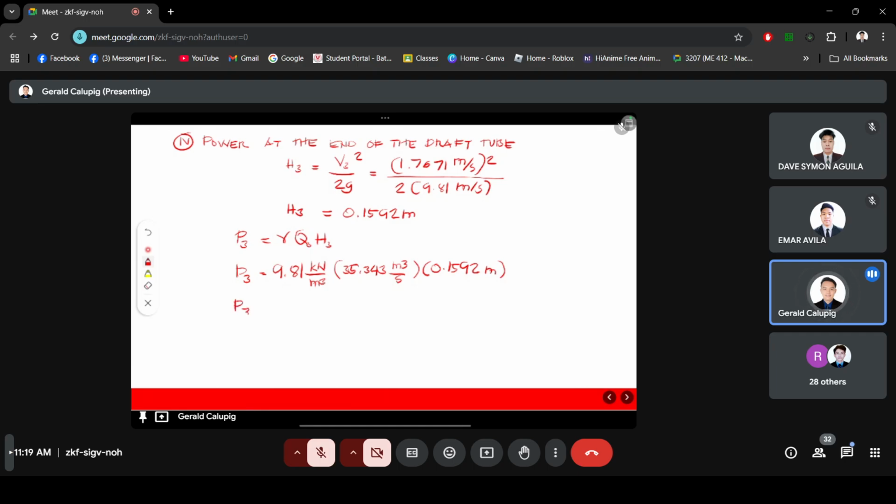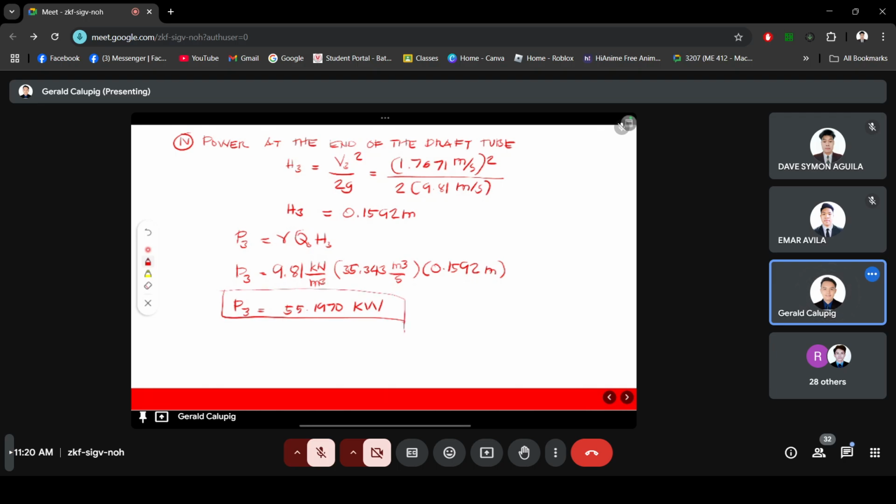Our P3 is equal to what? So the power at the end of the drop tube is 55.1970 kilowatts.